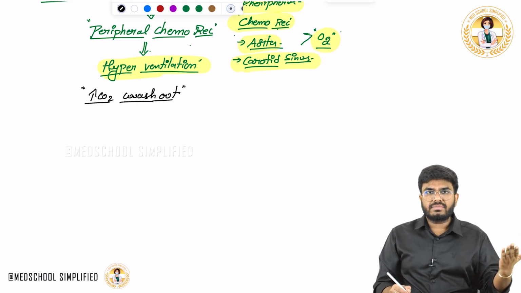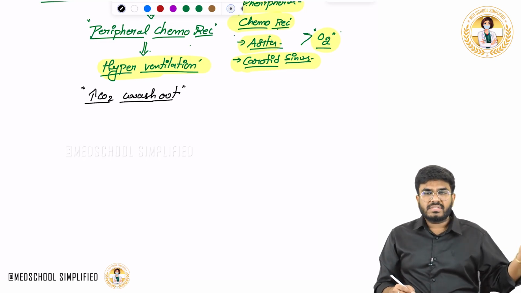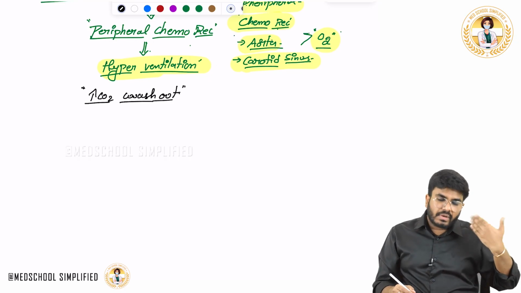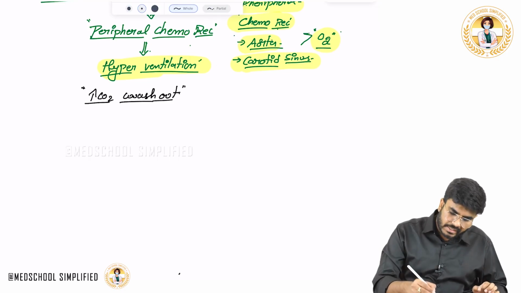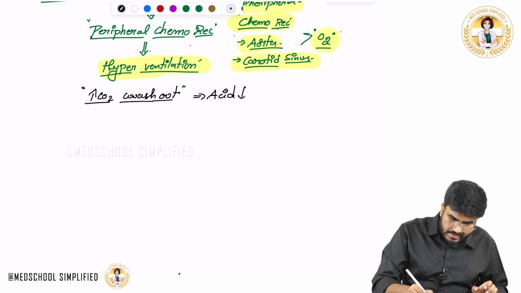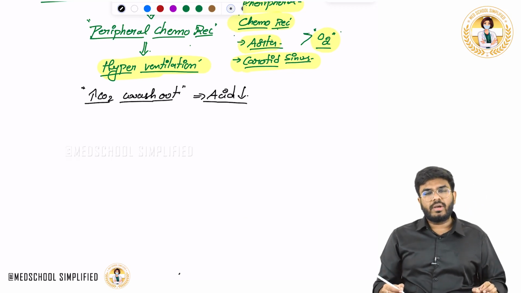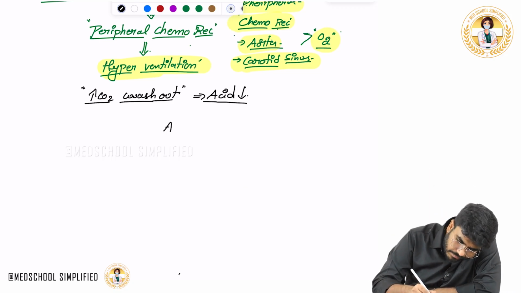Carbon dioxide reacts with water, produces carbonic acid, and produces H plus ions, protons. But as you are removing the carbon dioxide out of the body, what happens to the acid levels? Acid levels decrease. When the acid levels in your blood decrease, that will cause alkalosis.